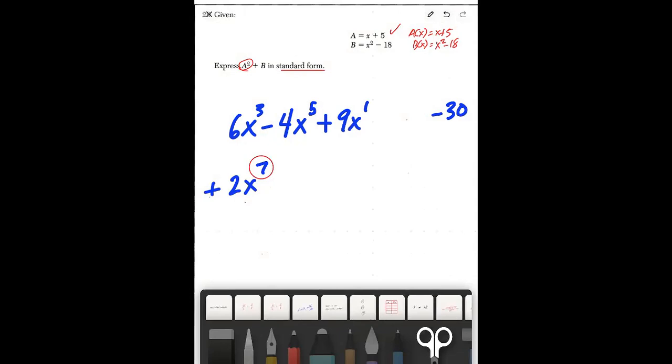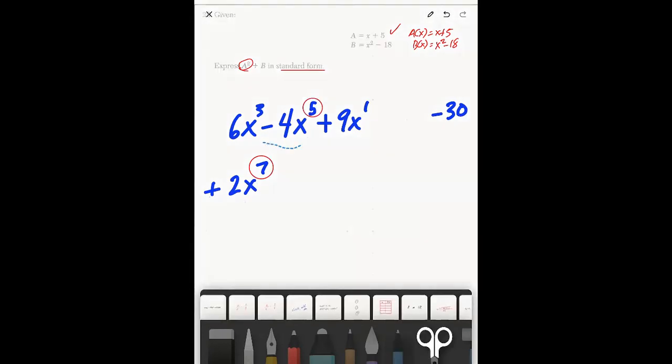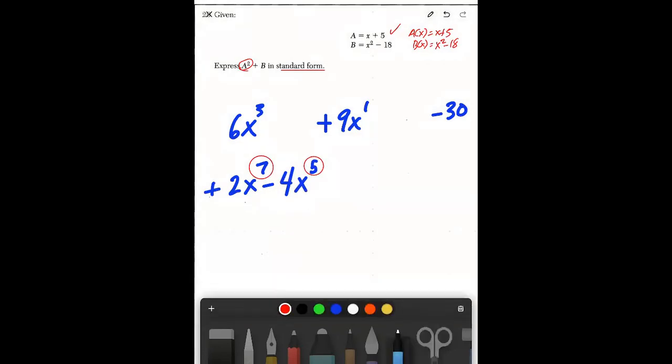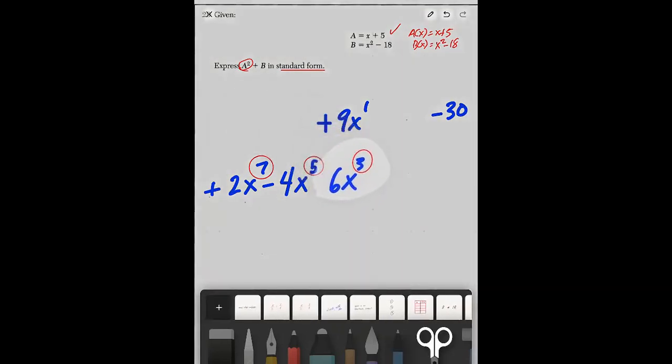Now I'm going to get the next highest exponent, which is the 5, and I'm going to move this term second. Then I'm going to get the third highest exponent, and it's going to be this term, and I'm going to put it here.